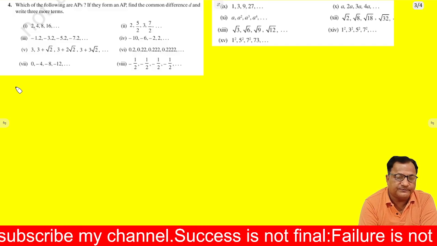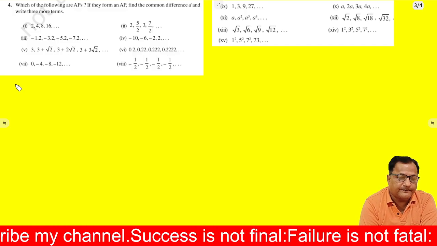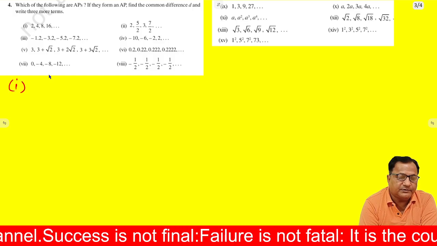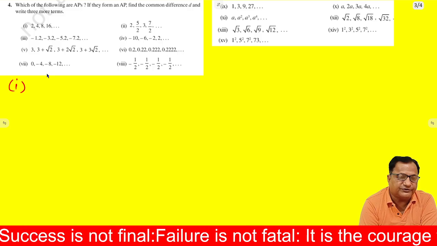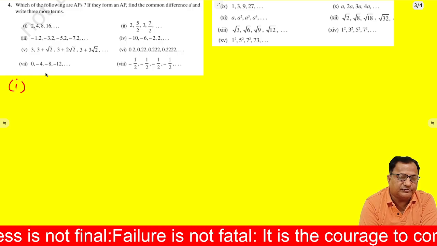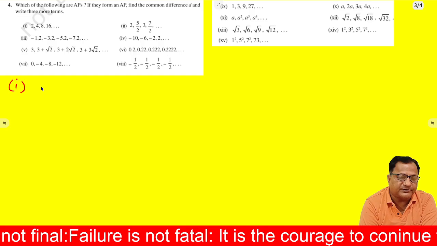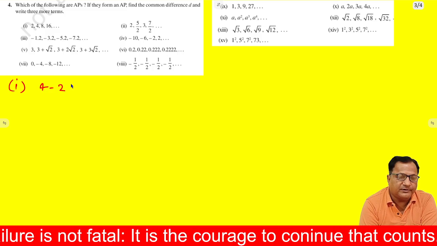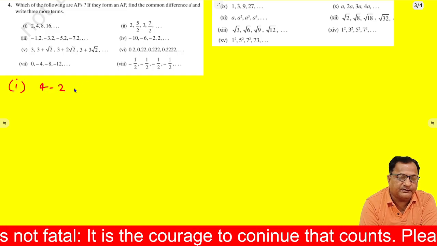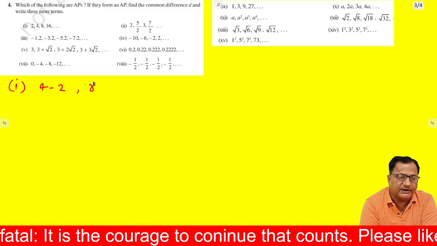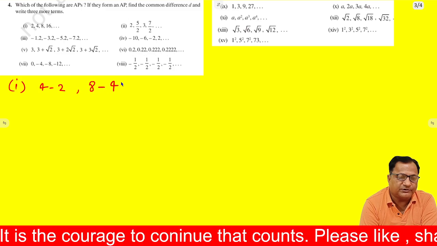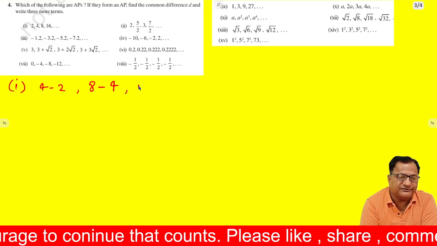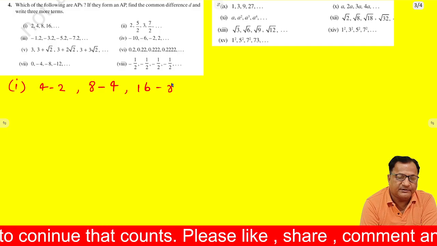So see, first is 2, 4, 8, 16. So if you subtract, suppose 4 minus 2, 8 minus 4, and 16 minus 8, what is coming?